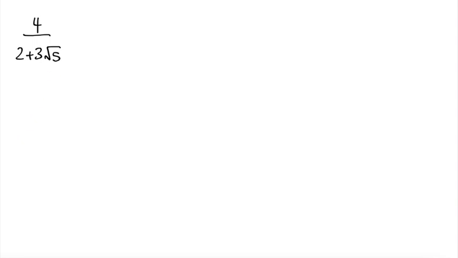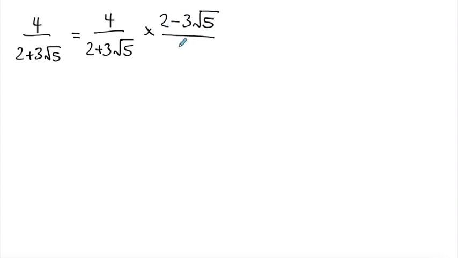In the next example, we have 4 over 2 plus 3 root 5. Again, I want to write an equivalent expression or equivalent fraction by multiplying by the conjugate radical in both the numerator and the denominator. So the conjugate radical is 2 minus 3 root 5.